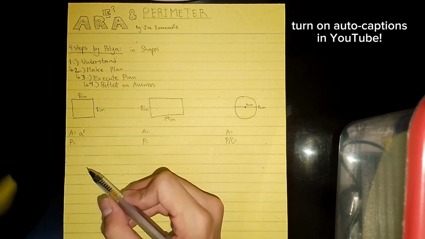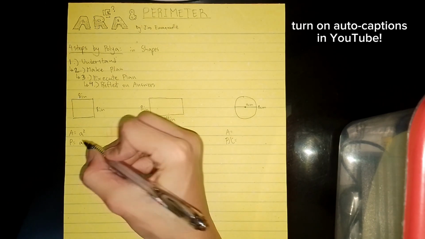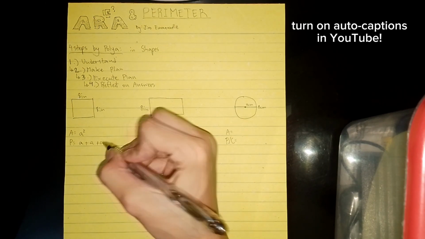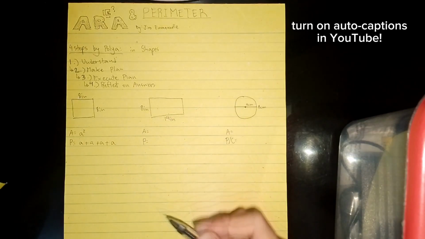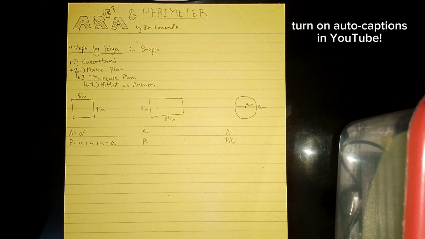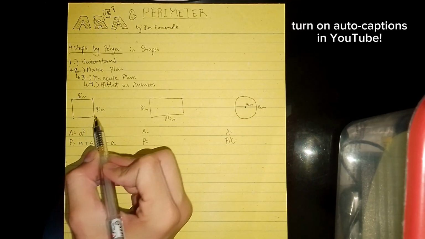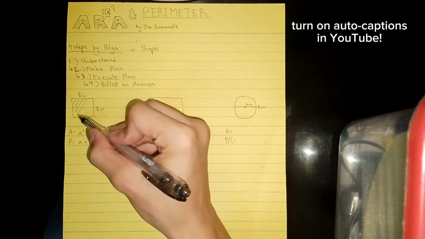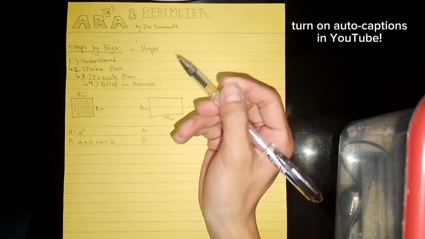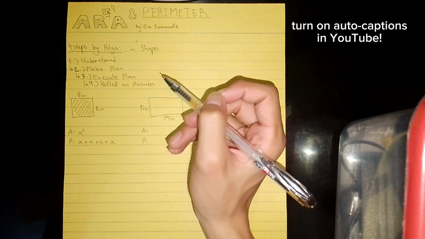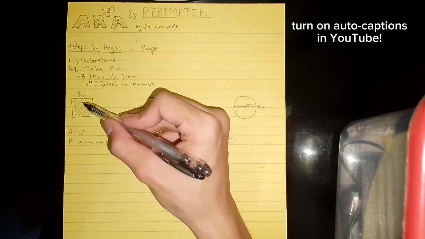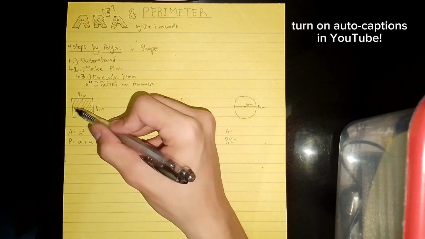And then for the perimeter, it is a plus a plus a plus a. Now, why does it look like this? For the area, you are finding the entire area of the inner part of the two-dimensional shape of the square, which is why we multiply the side by itself.